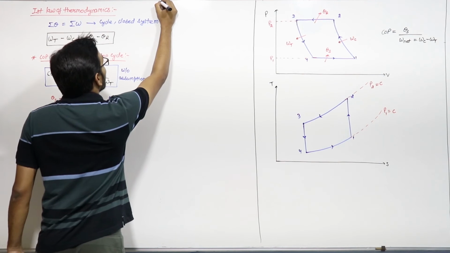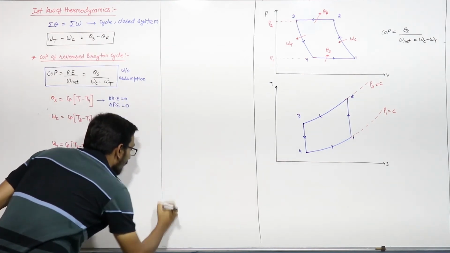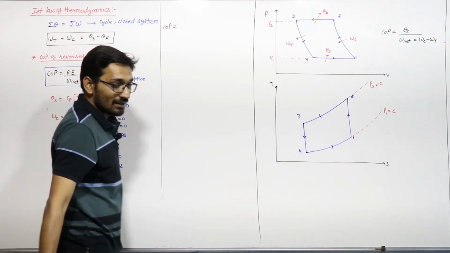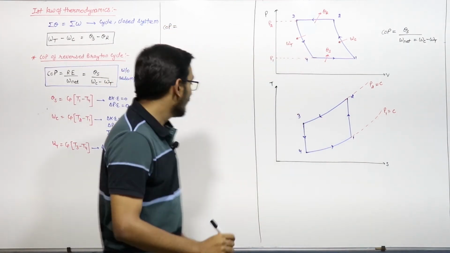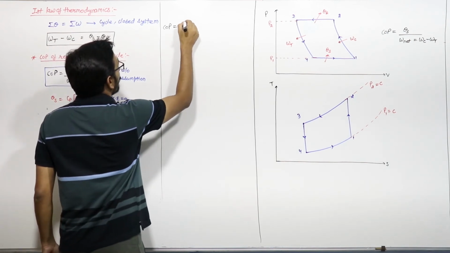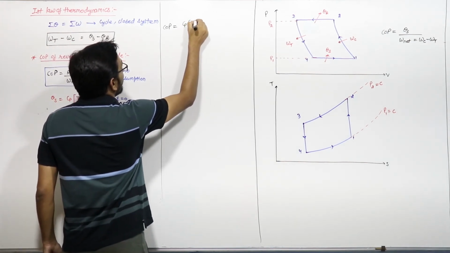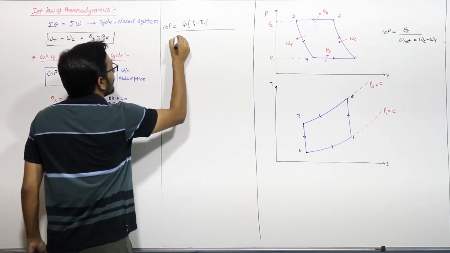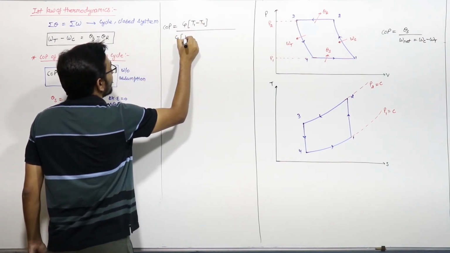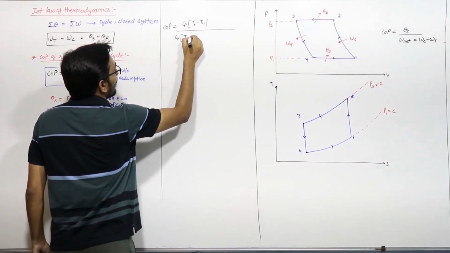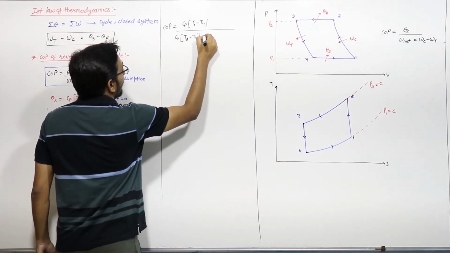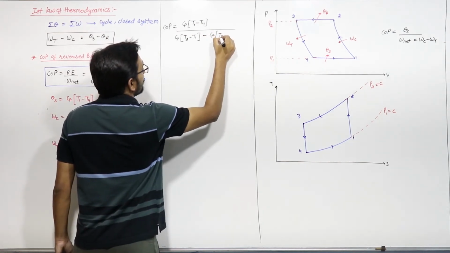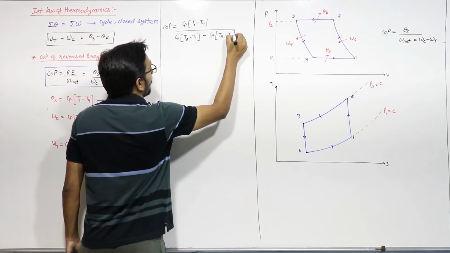So I can write that the COP of the reversed Brayton cycle will be equal to the heat supply, Cp into T1 minus T4, divided by Cp into WC, that is T2 minus T1, minus WT, that is T3 minus T4.